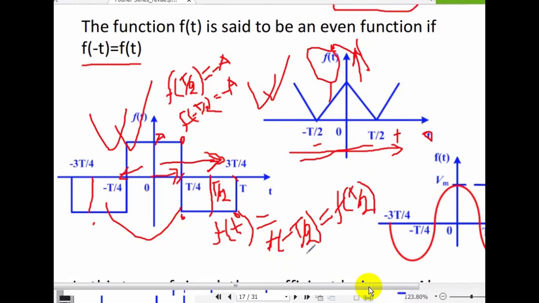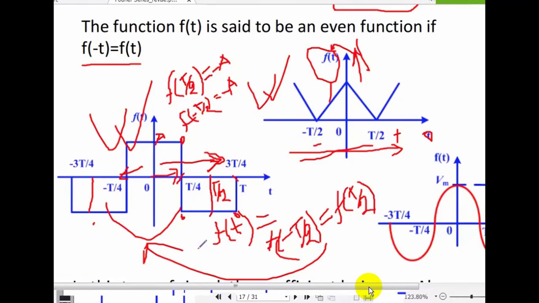So if you see this condition, f of minus t and f of t are the same. So the given square wave signal has even function symmetry. It is proved, right?